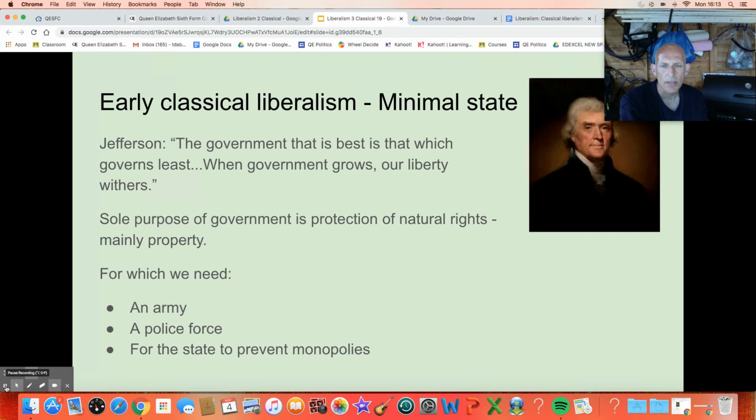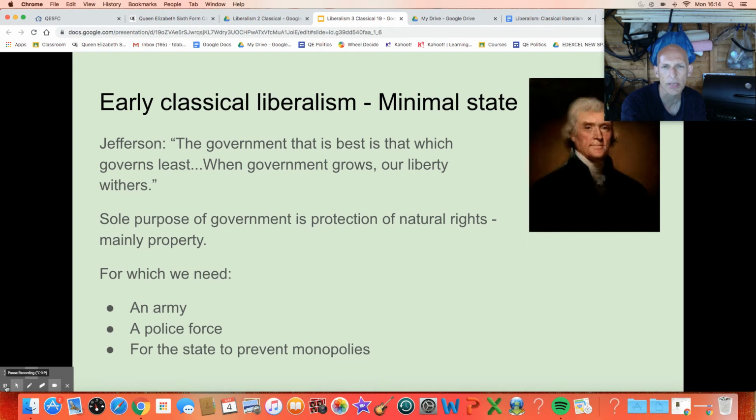So if that's another Dr. Jekyll thing, a kind of positive feature of early classical liberalism, this one might be more problematic, the idea of a minimal state. It certainly sounds like a good idea. Jefferson, who was one of the authors of the American Constitution, describes it as government that is best is that which governs least. And when government grows, our liberty withers.